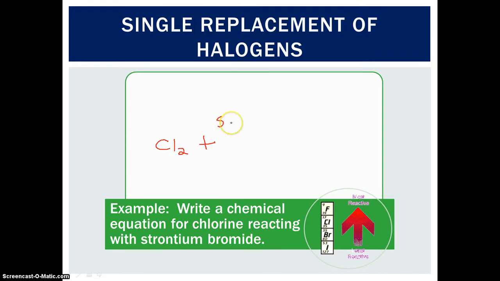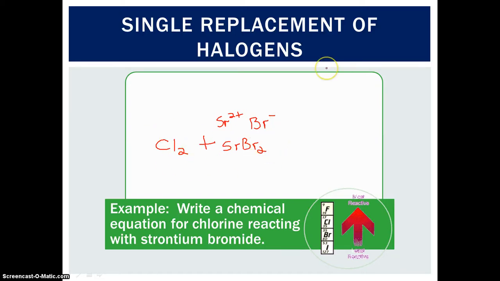Strontium is Sr2+, and bromine 1-. So this strontium bromide compound is SrBr2.